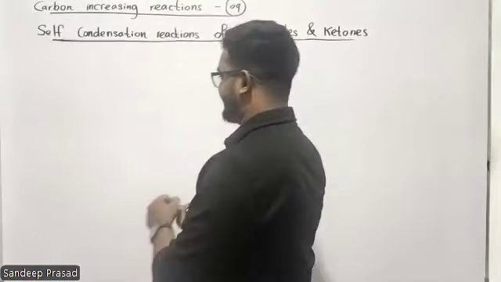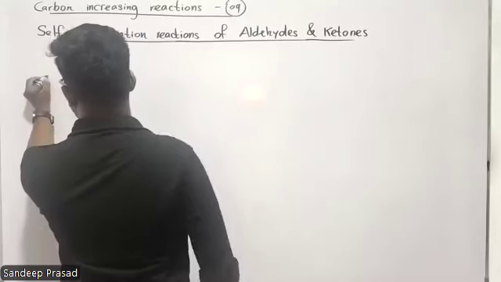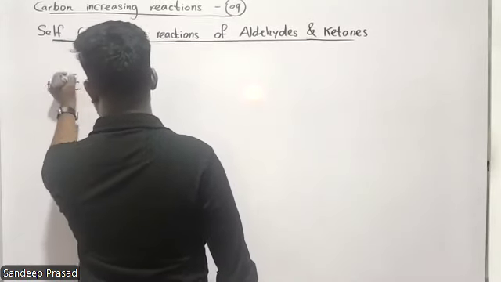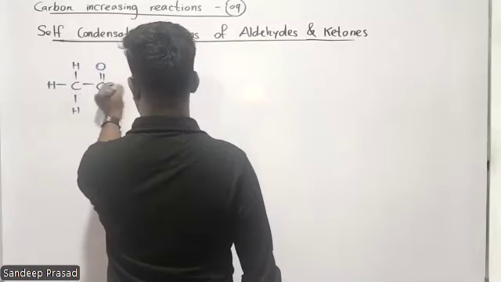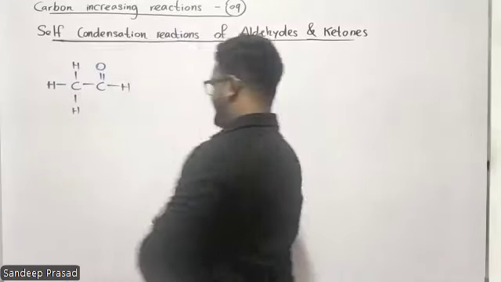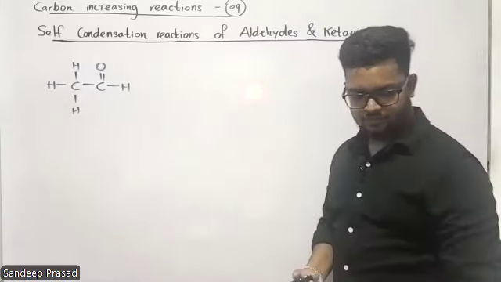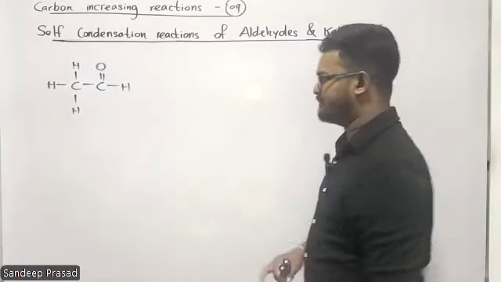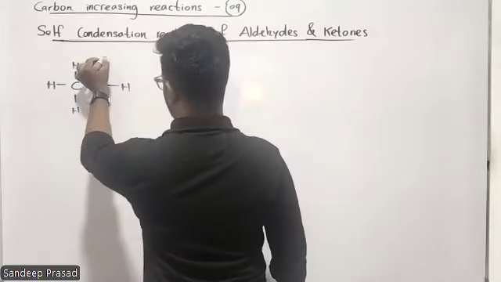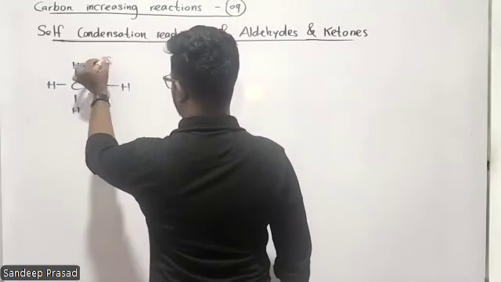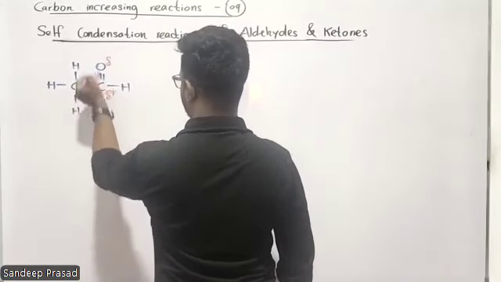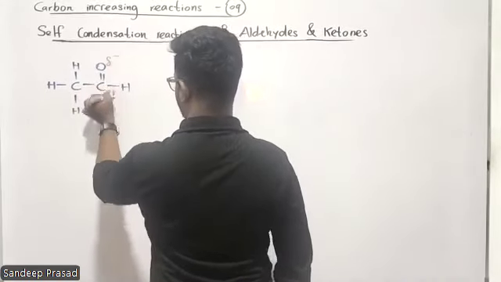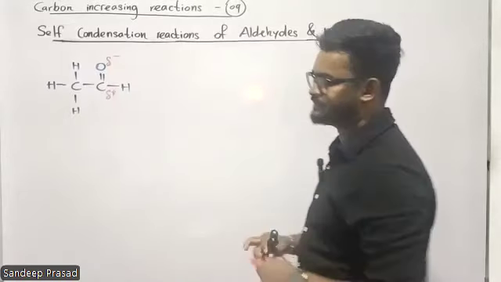We have an aldehyde like this. This is actually ethanal, an aldehyde. According to this aldehyde, remember, this is polarized. Carbon is delta plus, positively charged. Oxygen is delta minus, negatively charged.